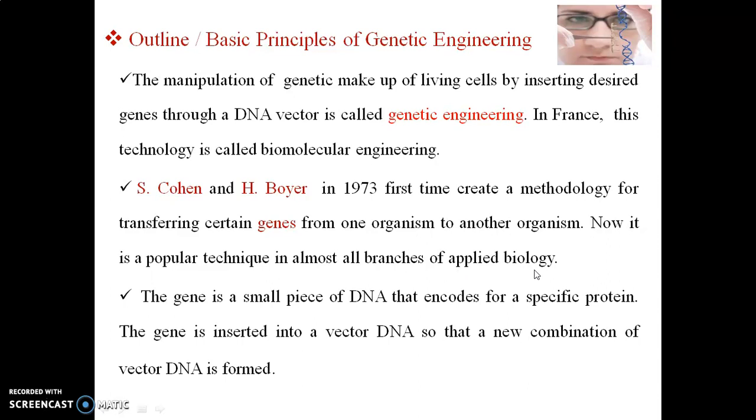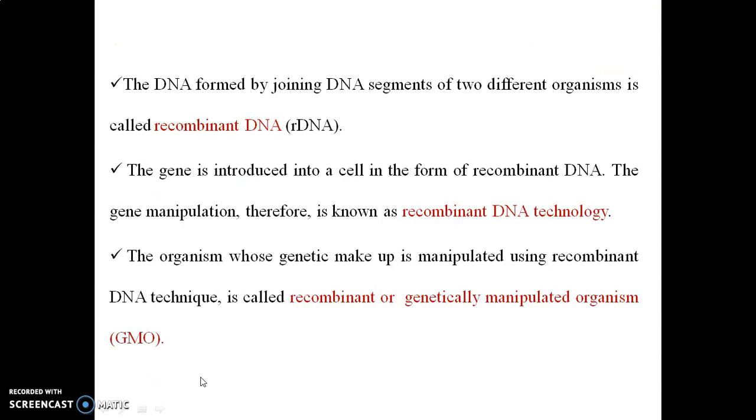Now I am going to discuss what a gene is. The gene is a small piece of DNA that encodes a specific protein. The gene is inserted into a vector DNA so that a new combination of vector DNA is formed.